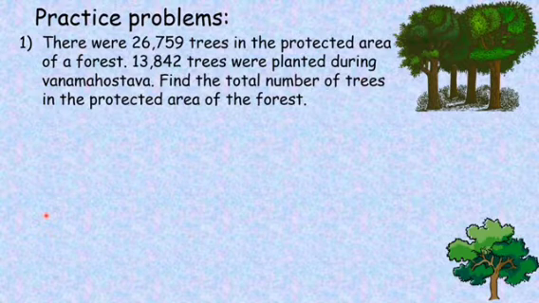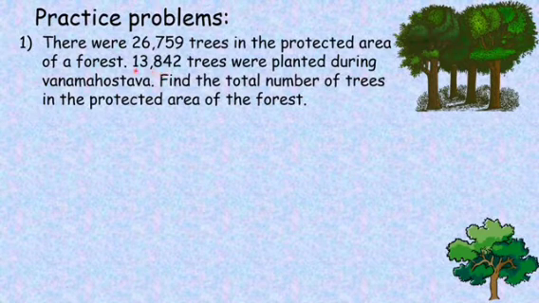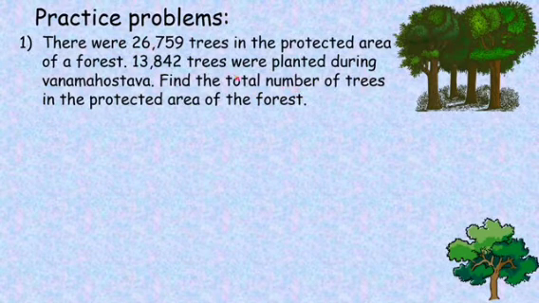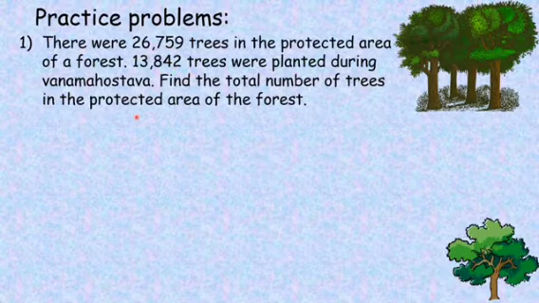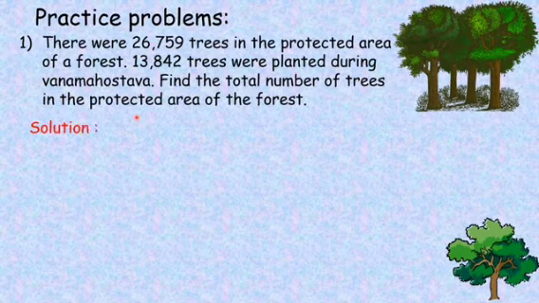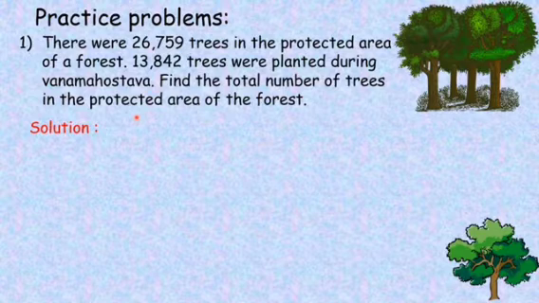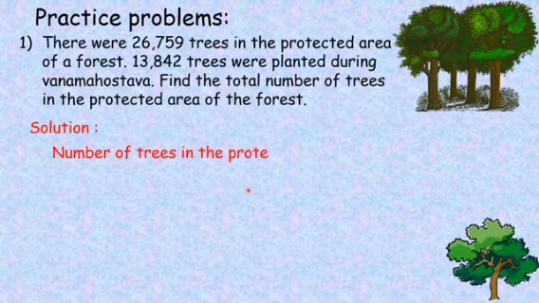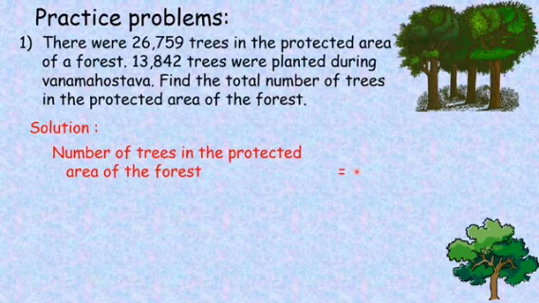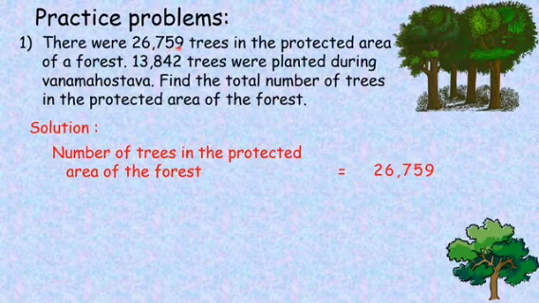When we understand the problem, we just divide it as what was existing, what was added, and what is the total number. So the total number could be found out by adding the existing number plus the added ones. To start with, the solution: how do we frame the sentence now? We shall first have the number of trees in the protected area of the forest, correct? So that is equal to 26,759.